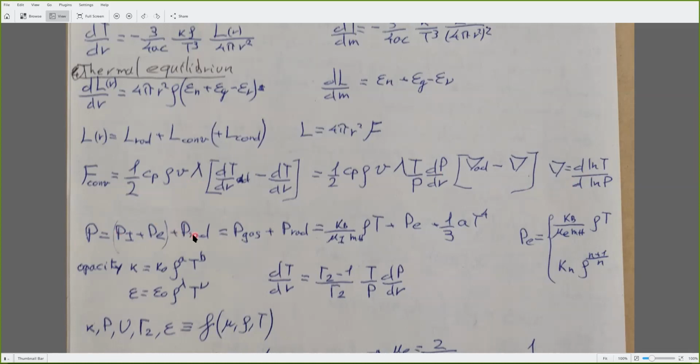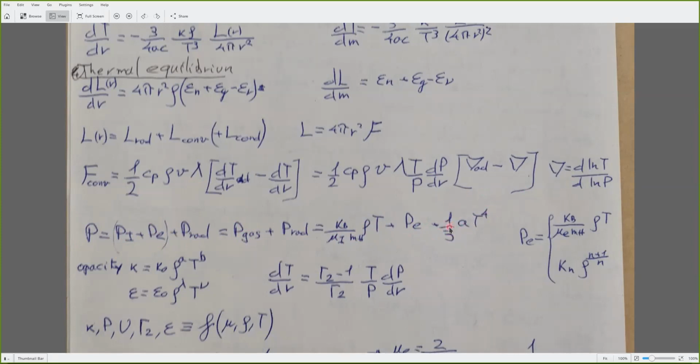Then considering the pressure: ion fraction, electronic pressure, radiation fraction. These are considered inside the gas pressure and radiation pressure. For ions it's just this one, the classical ideal gas. For the radiative pressure, it's 1/3 a T to the 4.